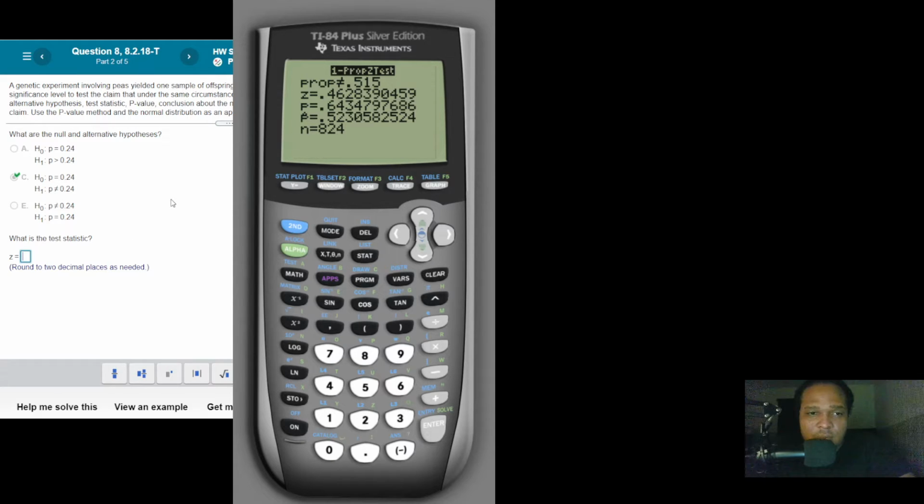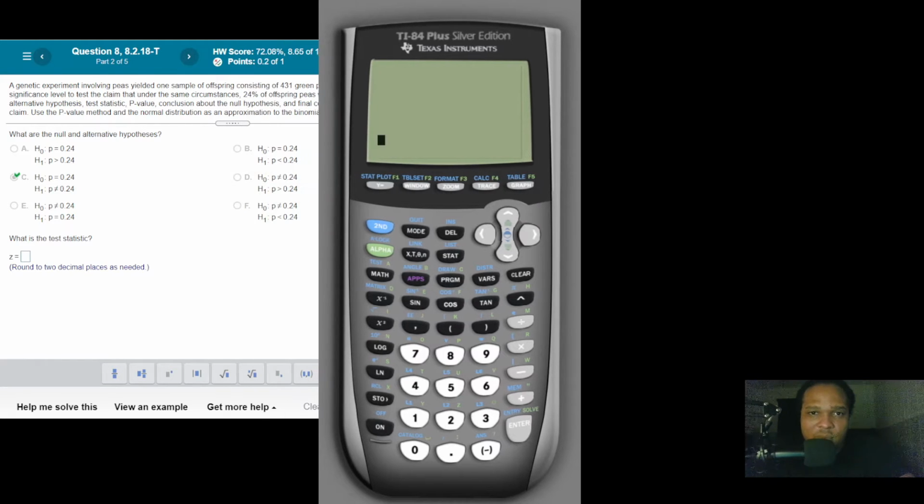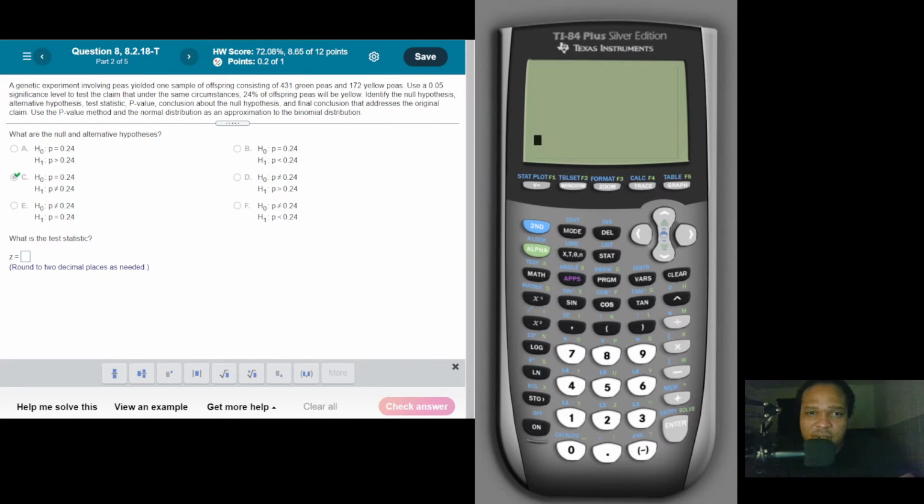Test statistic. You know what that means. We're going to go over to the calculator, and notice that we didn't have to use any scratch paper. Maybe we can bring this calculator over so it's not in the way so much. Okay, 1 Prop Z. What is our claim number?